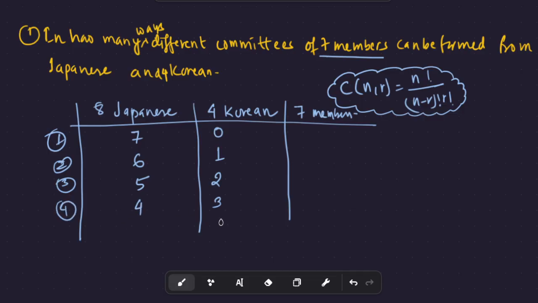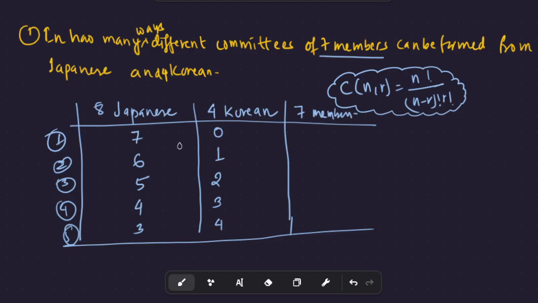Similarly, if we take 4 Korean, then we can take how many Japanese? 3 Japanese. Okay, so these are the various options that we can form this 7 member committee.